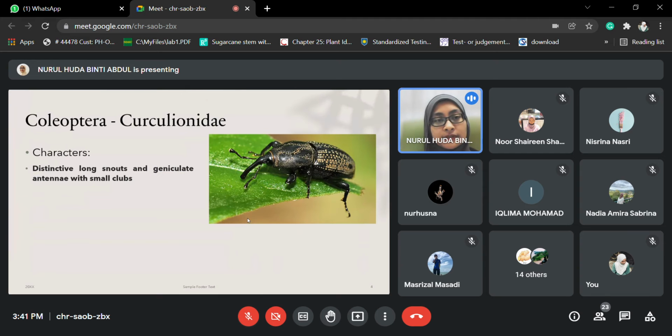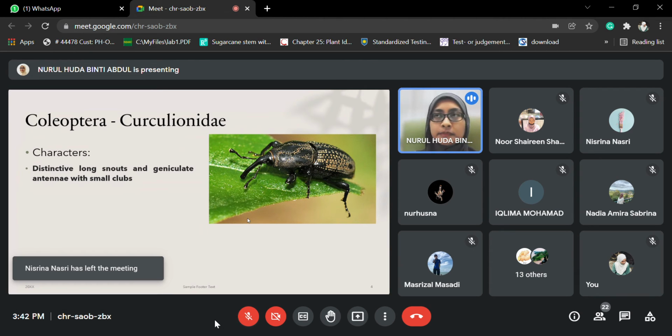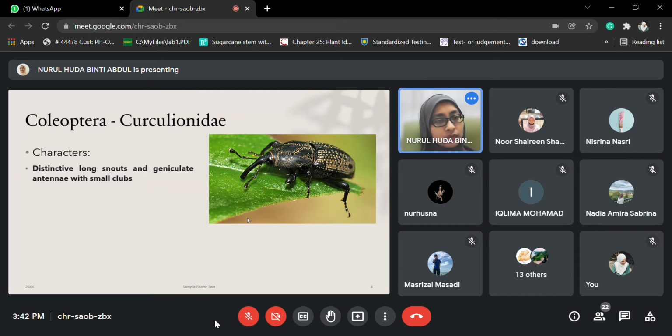Okay, so for the first one, we will focus only a few families within, I think 4 main order, or 5 main order, I think 4. Okay, so we have Coleoptera, Diptera, Hymenoptera, we have Odonata, I think 4 kot.